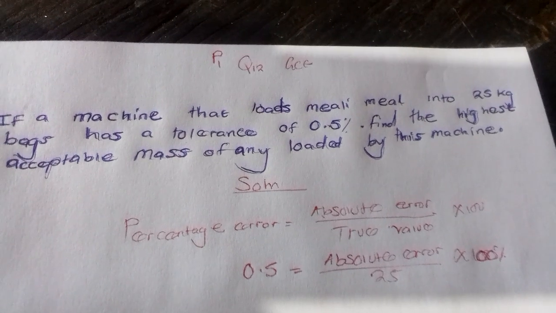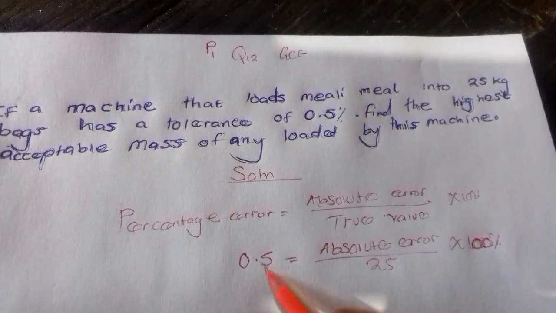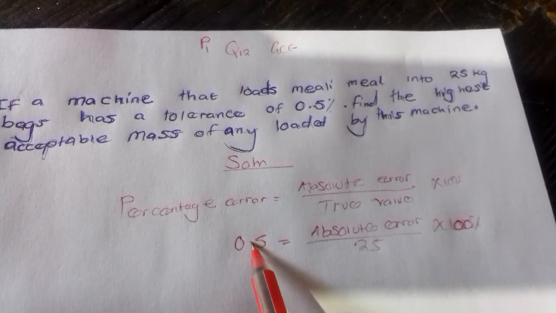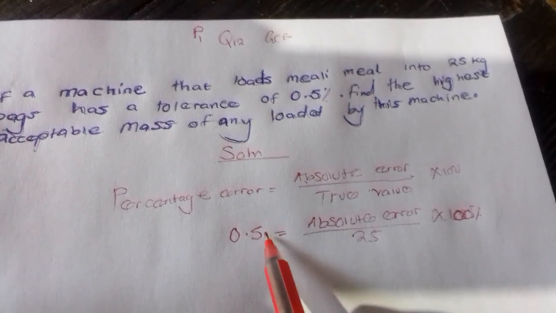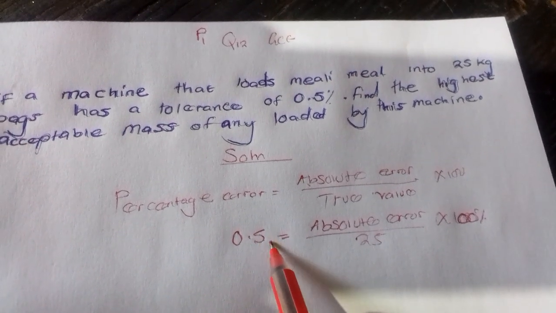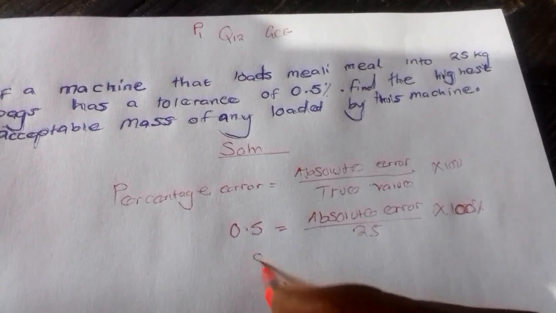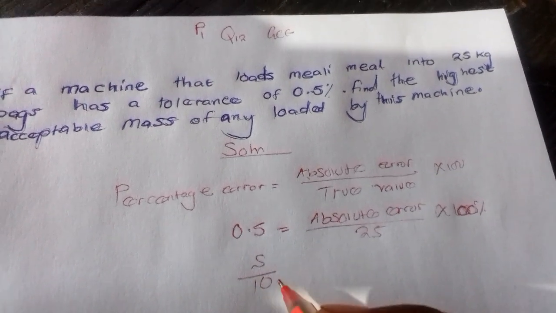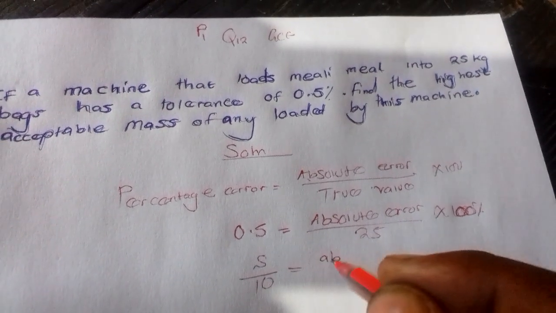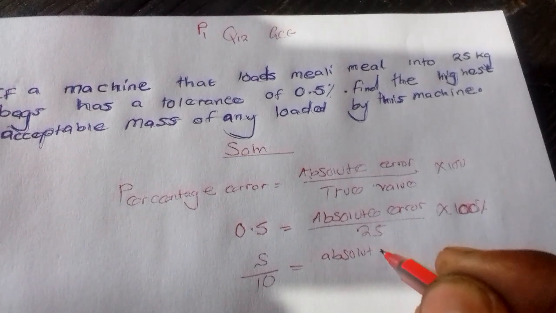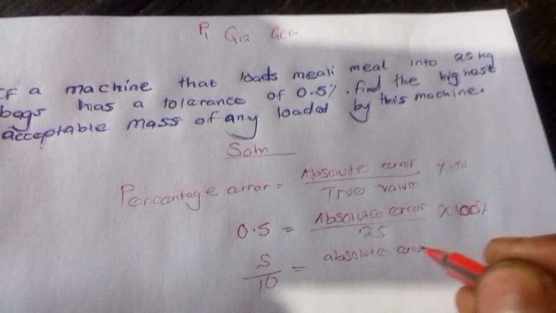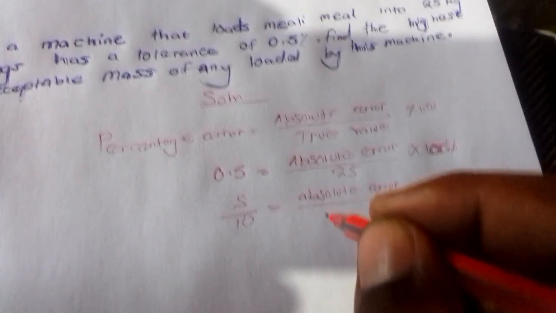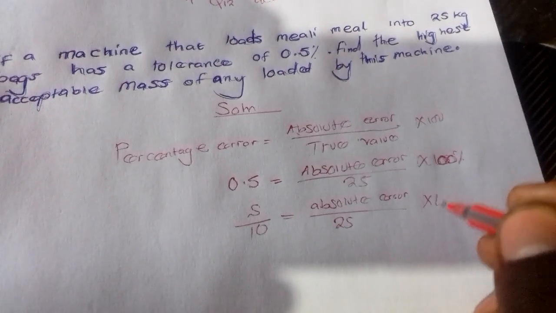So this is paper 1, viewers. What we can do is shift this point to this point, or we can just multiply by 10. So if you multiply by 10, 5 over 10 is equal to absolute error over 25 times 100.